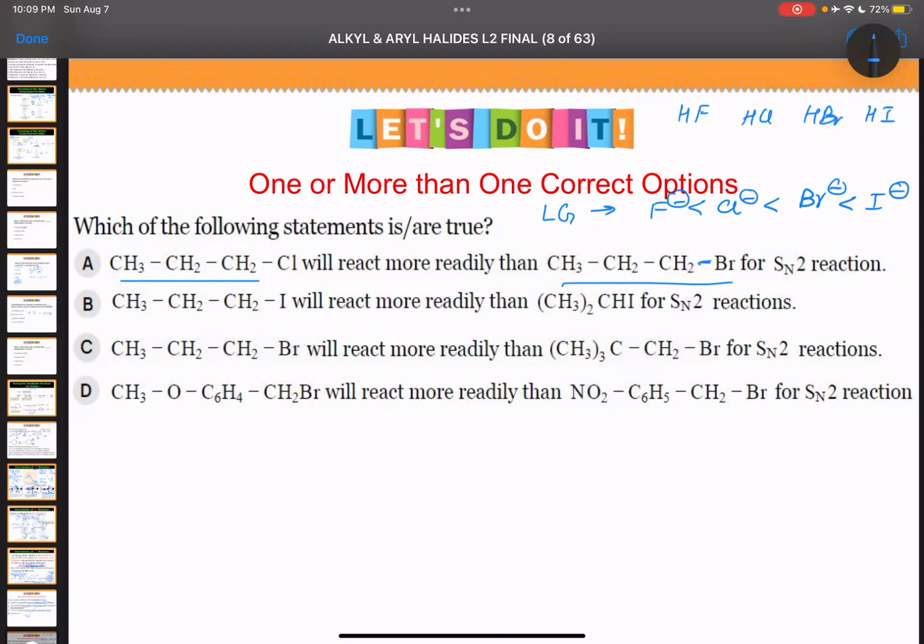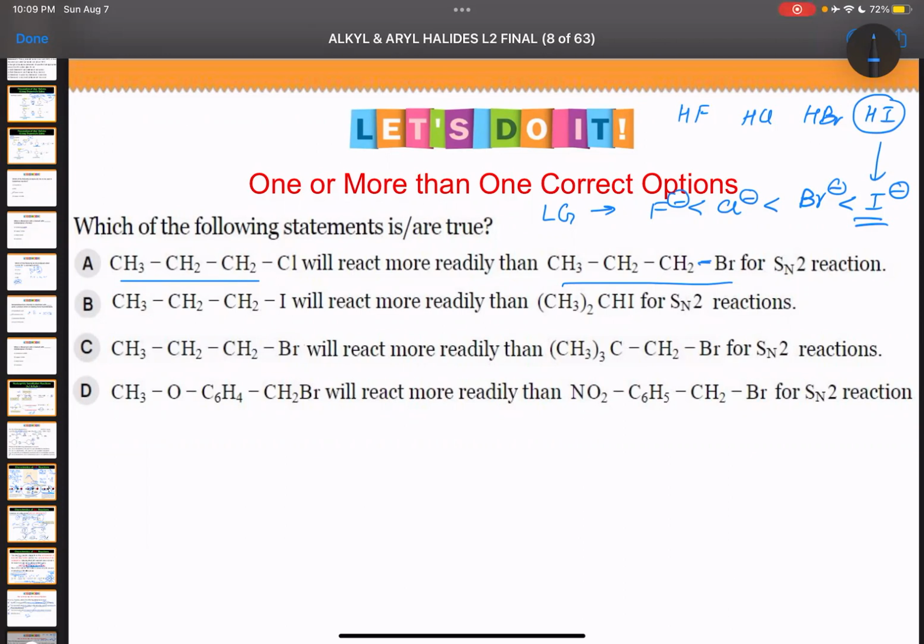So HI is the strongest acid. Again, the reason is the same, because H plus is very small, I is very big, and it is going to break away more easily. So a strong acid will have a weak conjugate base, and weak base means stable, and stable means it can leave very easily. That's why weak bases are good leaving groups.